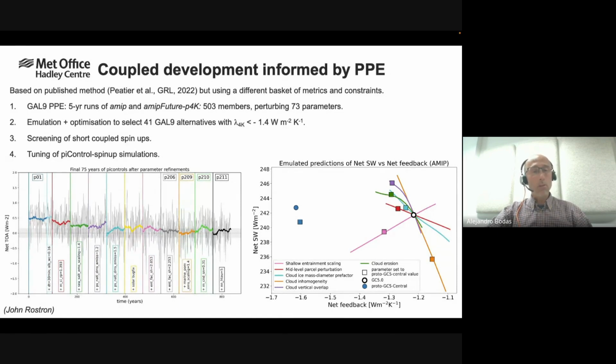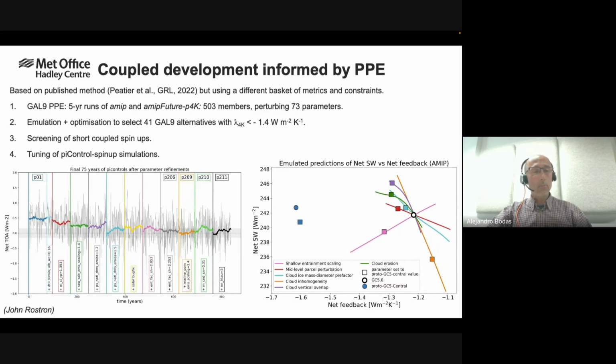Then we coupled those variants, and many of them drifted too much. So there was a step where we had to screen these short coupled spin-ups, and we ended up with a reduced ensemble of variants. And some of them were rejected again based on other metrics, so we ended up with just a few.